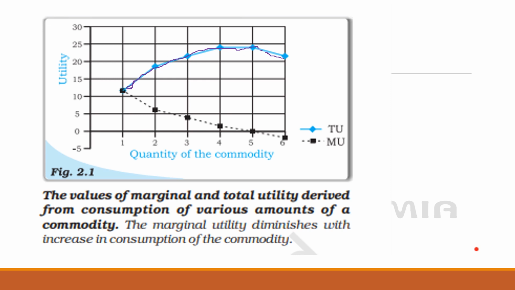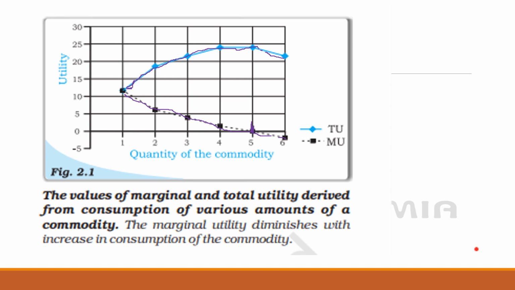And correspondingly, the marginal utility curve is like this, a negatively sloped line. So once the TU becomes constant, the marginal utility would become 0, and once TU starts falling, marginal utility would become negative.